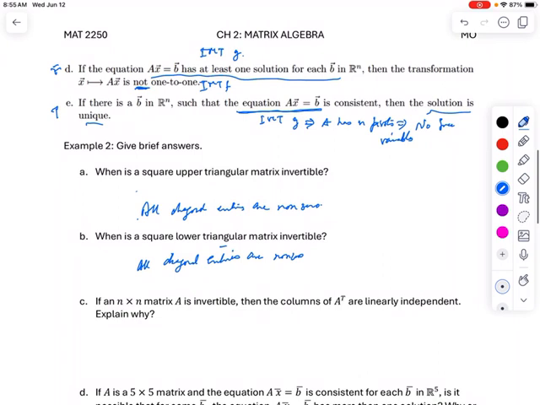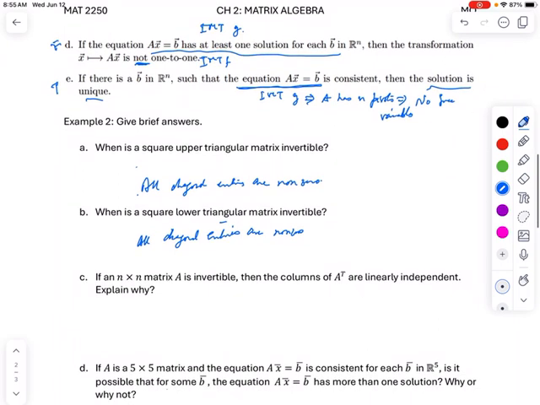So according to IMT, A is invertible implies IMT E, that columns of A are linearly independent. So that's what IMT E is saying.